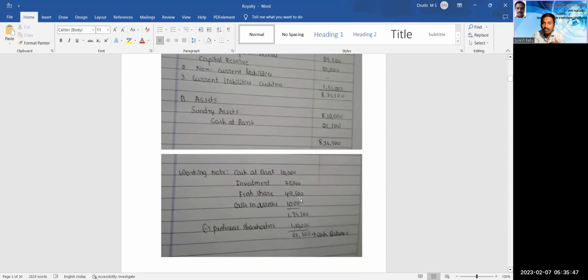Fresh issue of shares, you have made, 49,500 rupees cash is received. So you write it. Calls in arrears you made, 1,000 rupees is received. Total 1,35,500 rupees has been received. Out of this, preference shareholders, how much money are you paying? 1,10,000. Minus 1,10,000, now you are getting 25,500 rupees. So which has been recorded here, cash at bank, correct?